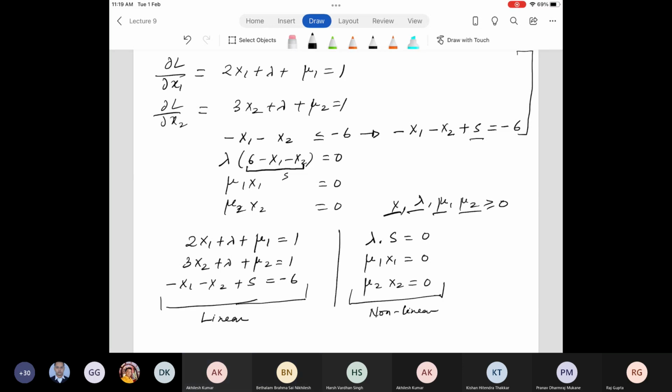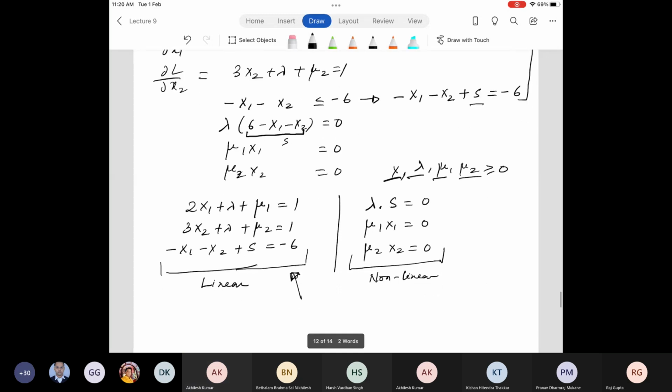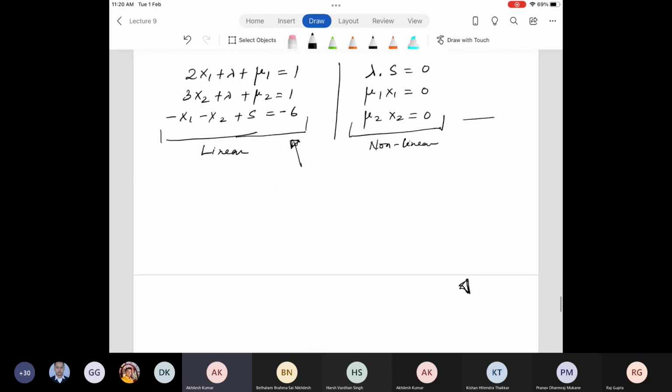Now, the interesting thing is, as far as solving these equations is concerned, we can use the first phase of the simplex algorithm. But how do I ensure this is being satisfied? I have three linear equality constraints and three non-linear ones.